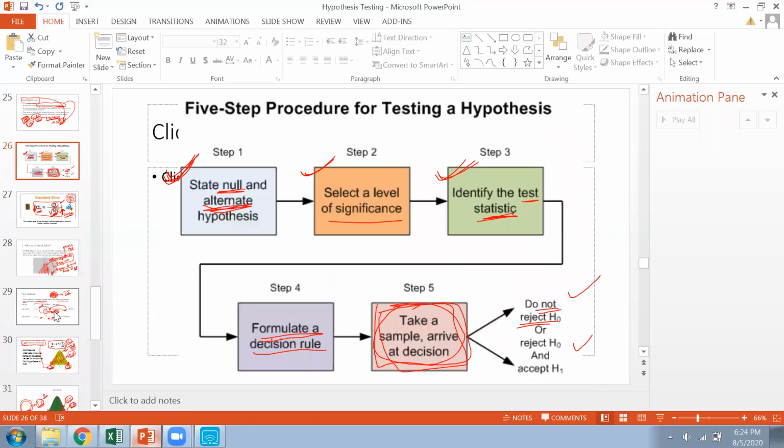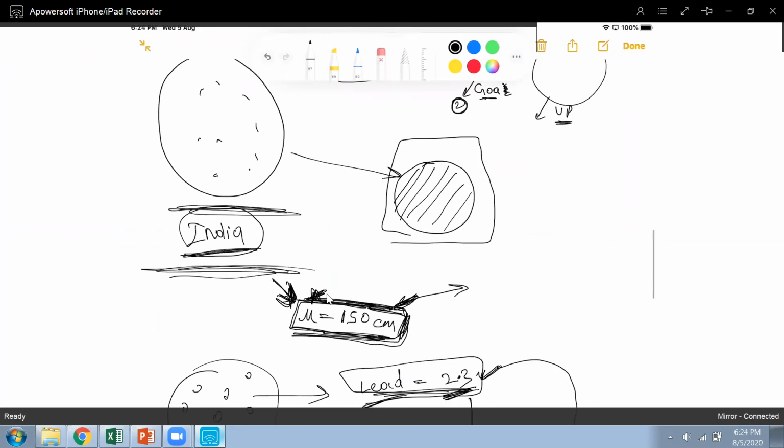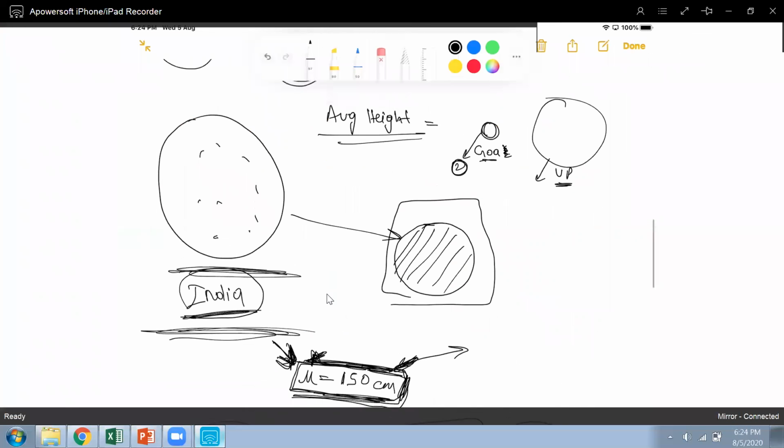Okay, so first what we do is state the null and alternate hypothesis. In this example, what is my null hypothesis?